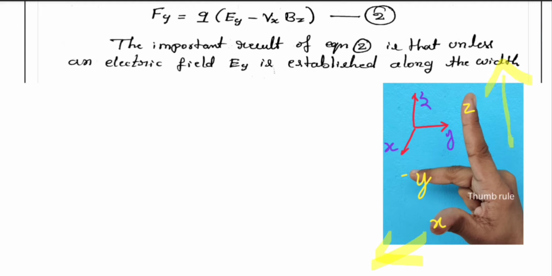The middle finger's direction will be the direction of force, or cross product of Vx cross Bz, x in one direction and z in the other direction. So the answer will be minus y. That is shown by the middle finger in the right hand thumb rule. So the force will be exerted in the minus y direction.